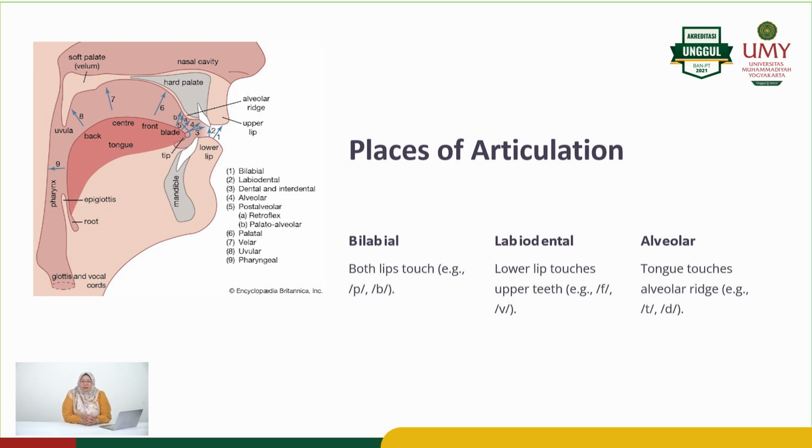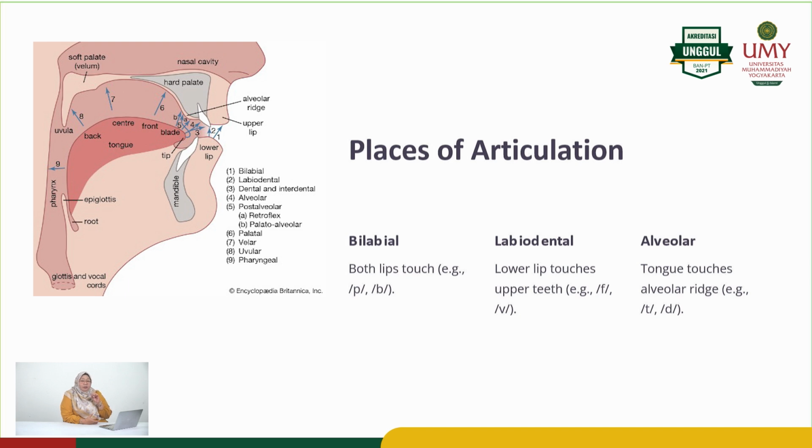So what is palatal? A palatal sound is when our tongue goes near the hard palate in our oral cavity. It's like the sound sh in shoe, sh in shoe. And then velar is the sound created in the back of the tongue when the back of the tongue touches the velum.